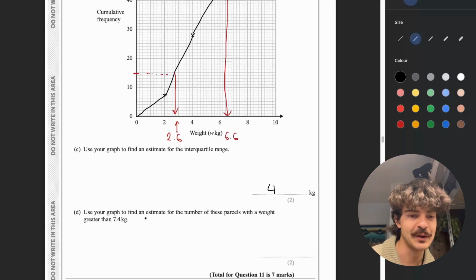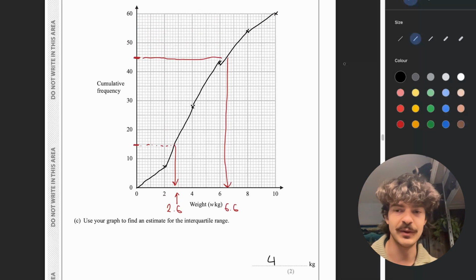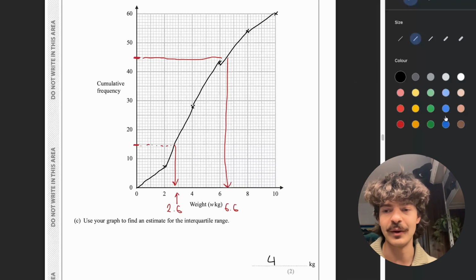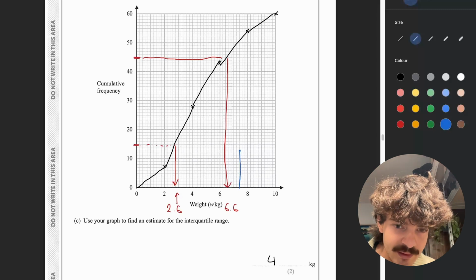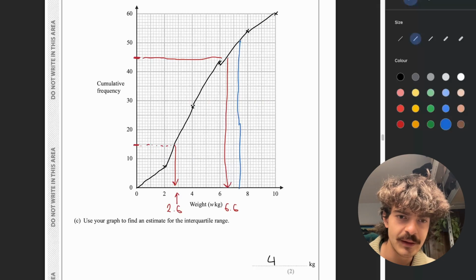And then part D, use your graph to find an estimate for the number of those parcels with a weight greater than 7.4 kg. Amazing. So to do this, we're actually just going to look at our graph and do it backwards. 7.4 kg, that's going to be right here. We're just going to work our way up to the line, there it is.